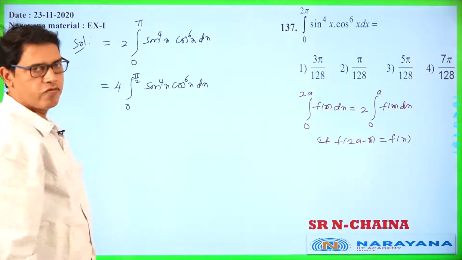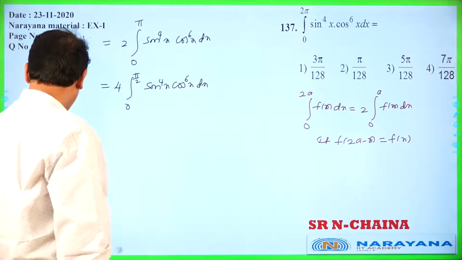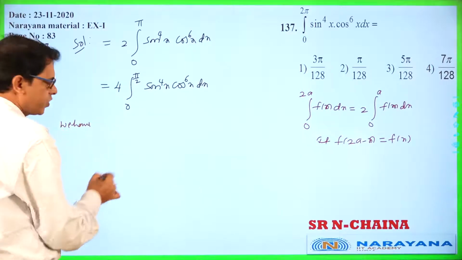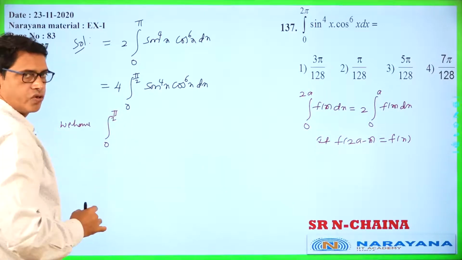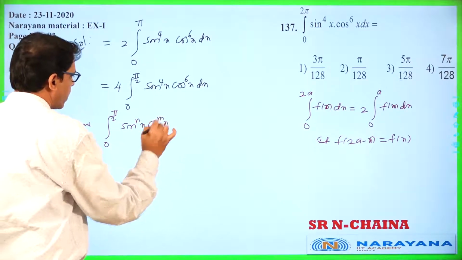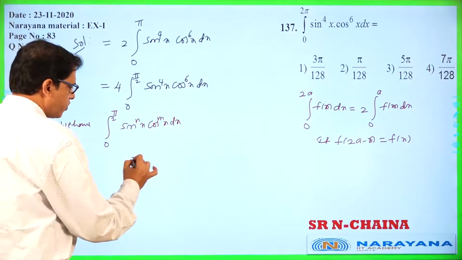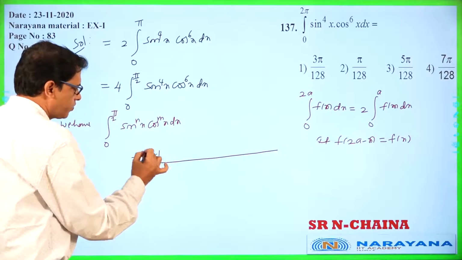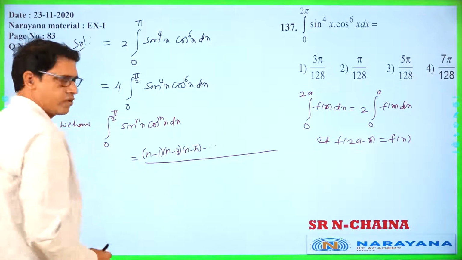Now here I am applying the Wallis formula. So what is the Wallis formula? Here the formula is, for 0 to pi by 2, sine to the power n into cos to the power m dx, equals: first begin with n minus 1, n minus 3, n minus 5 and so on.